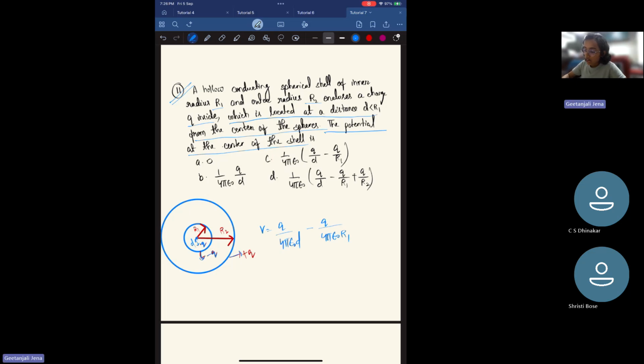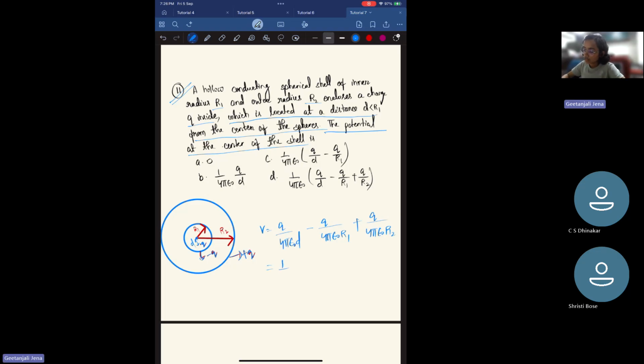And for the outer surface also, it's a metal shell and the potential at the center is equal to the potential at the surface. So you can take this as Q by 4 pi epsilon naught R2.